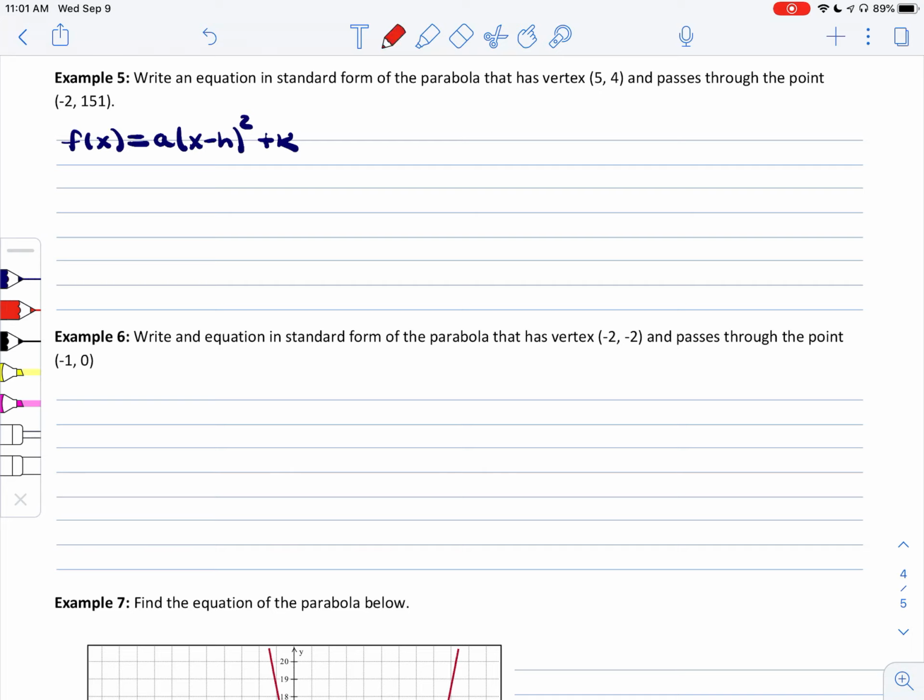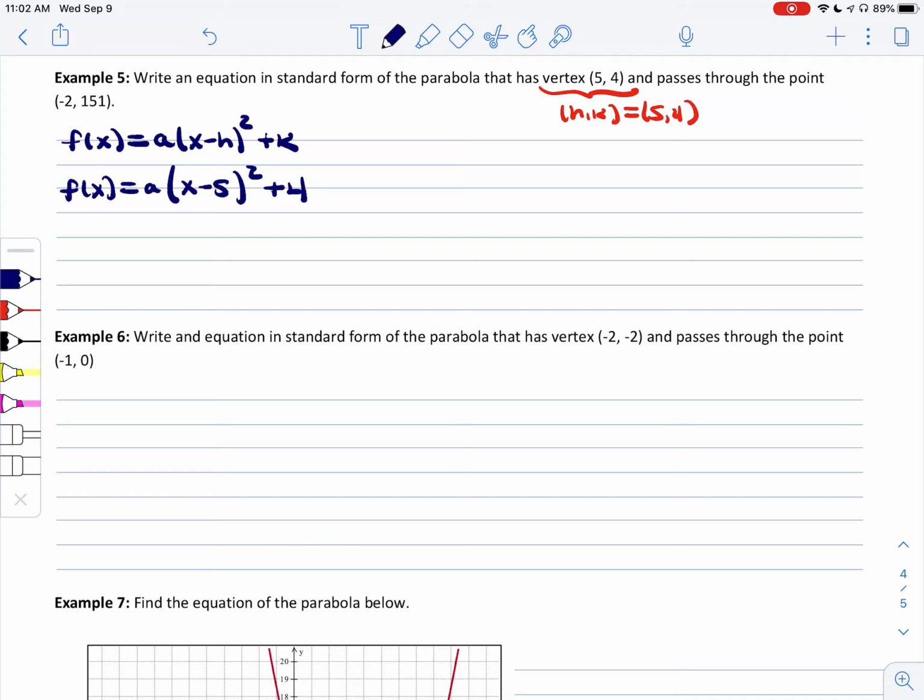The 5, 4 right here is our vertex, so that's our h and k on this one. Right off the bat, we can plug that in: x minus 5 quantity squared plus 4.